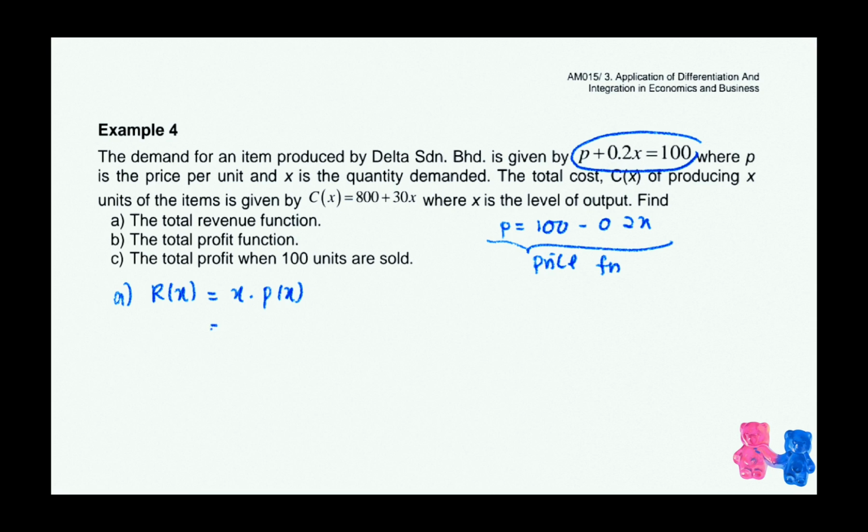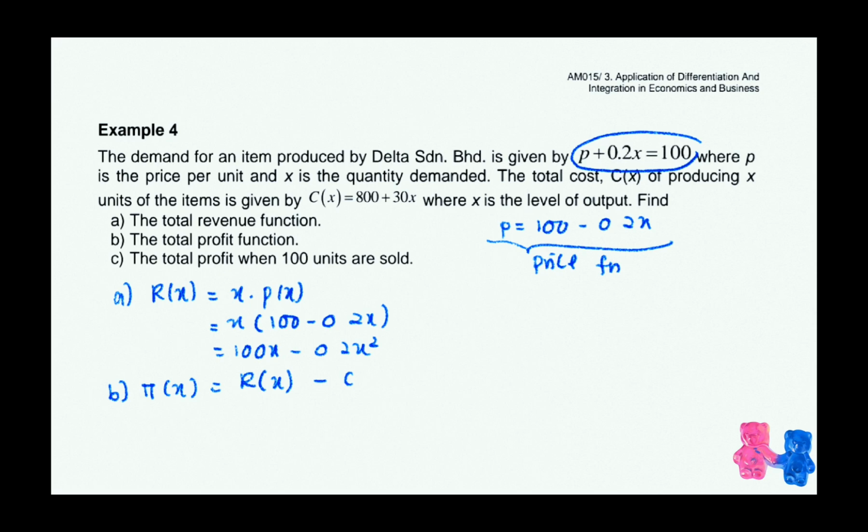We substitute x, the quantity, times the price function, 100 minus 0.2x. So the revenue function will be equal to 100x minus 0.2x squared.